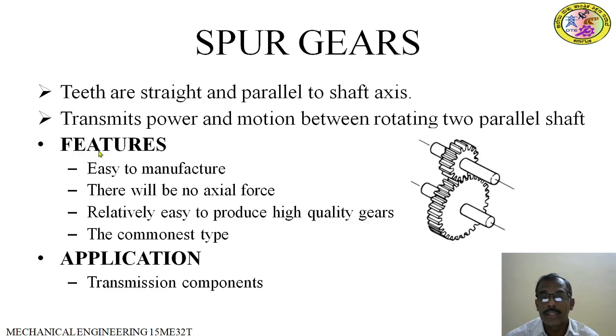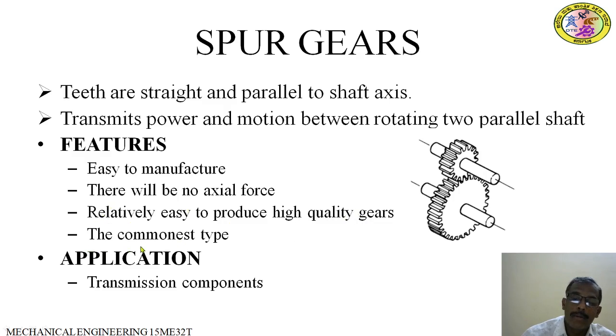The features here: spur gears are very easy to manufacture. There will be no axial force; axial forces are not there, only tangential force is there. It is relatively easy to produce high quality gears. If I am using a CNC machine, I can easily produce very high quality gears.